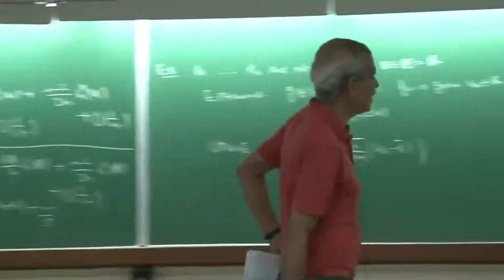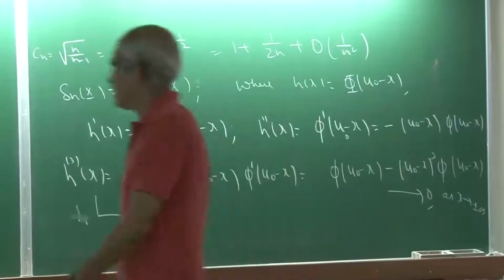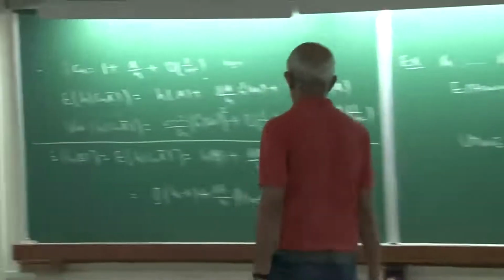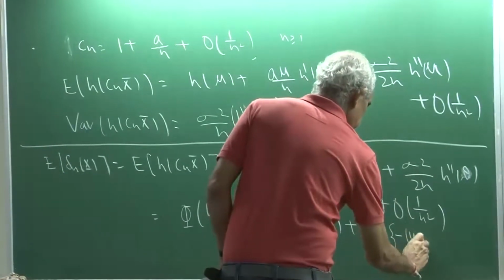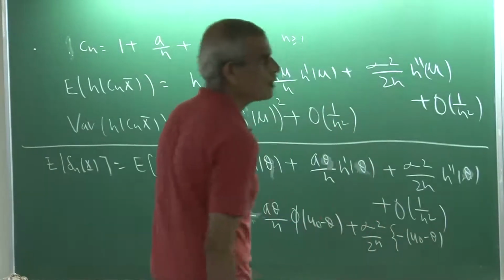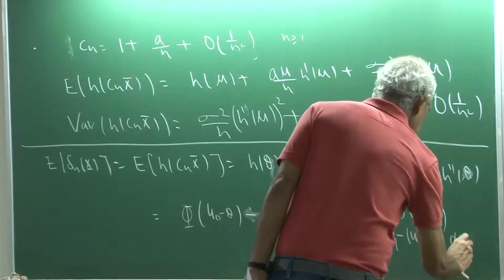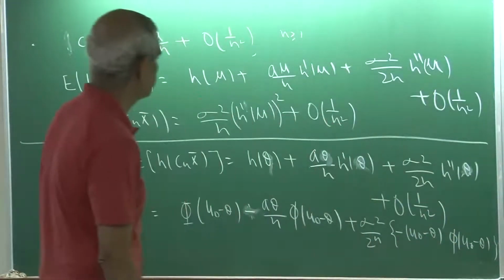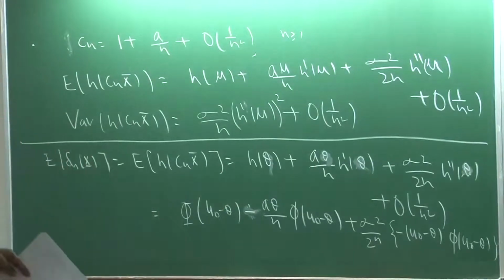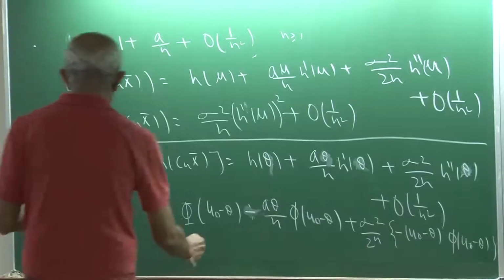H double prime theta you have calculated from here, which is the same as minus of (u naught minus theta) phi of (u naught minus theta) plus little o of 1 upon n square.